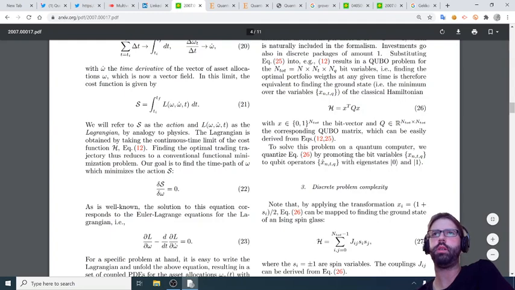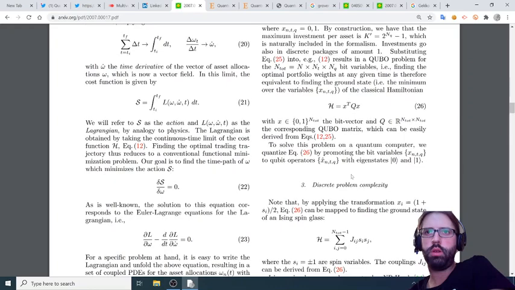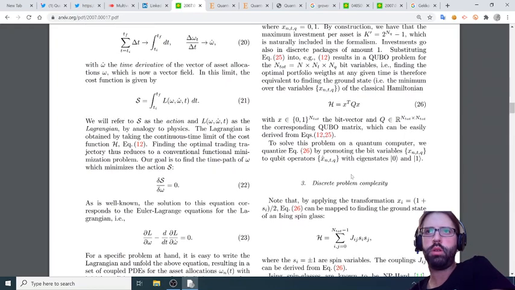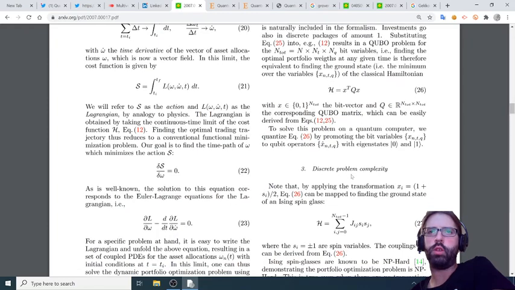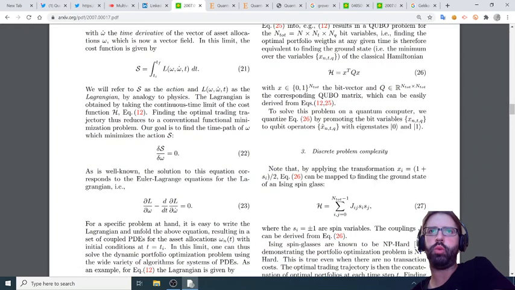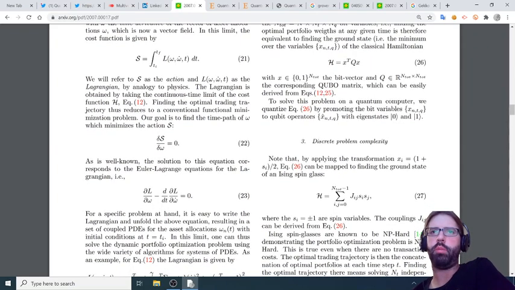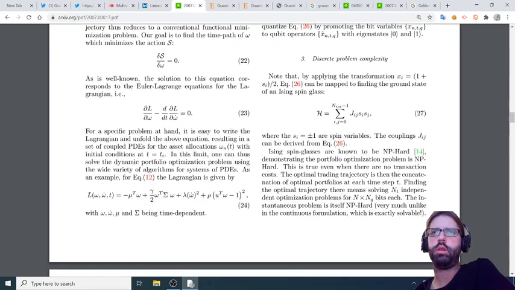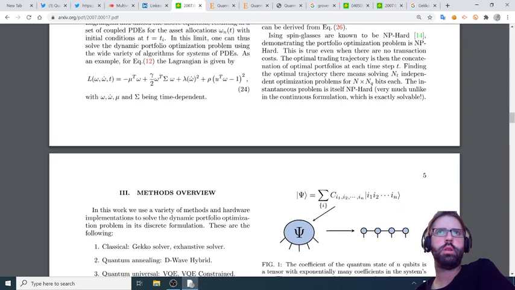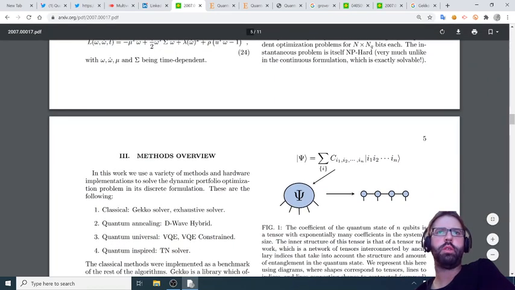That's what it's saying. Or, I don't know. Okay, so here they go ahead and translate it into the Ising spin kind of model, where you have the couplings, blah blah blah. Okay, that's it basically.